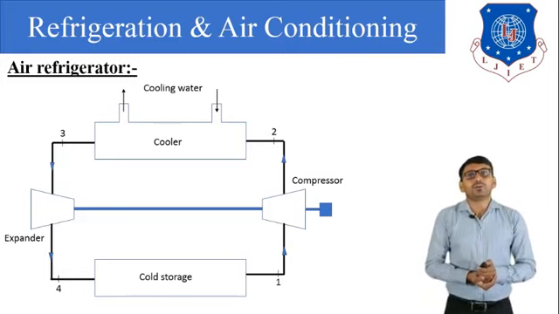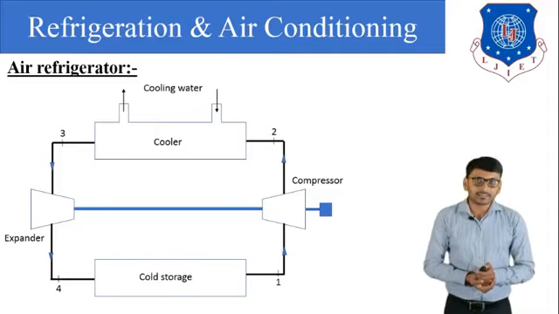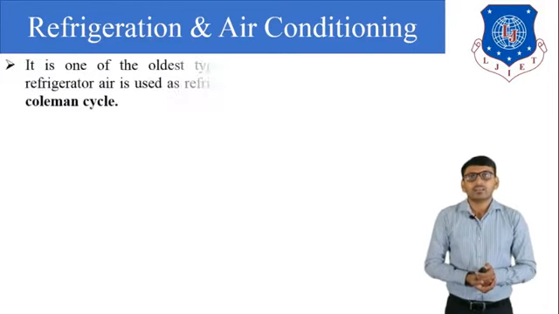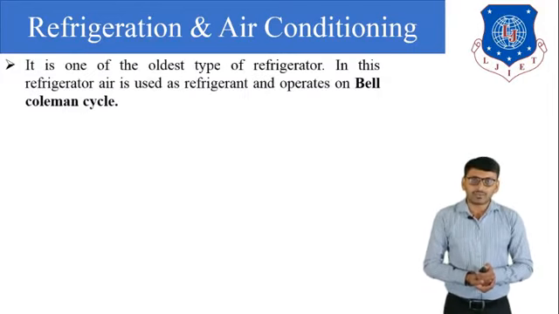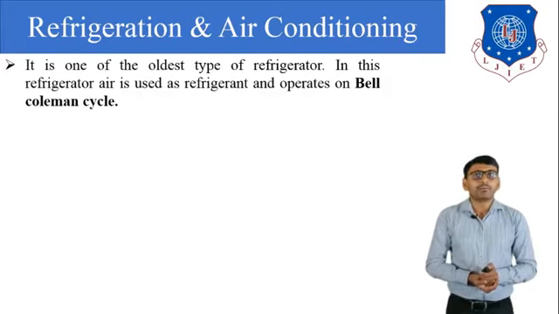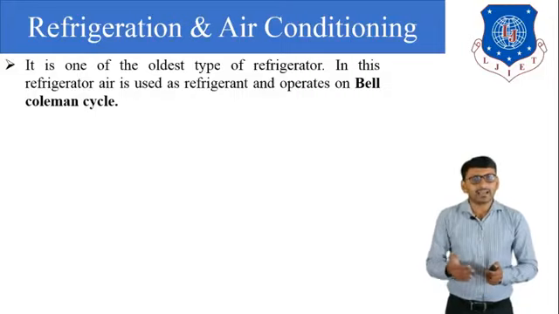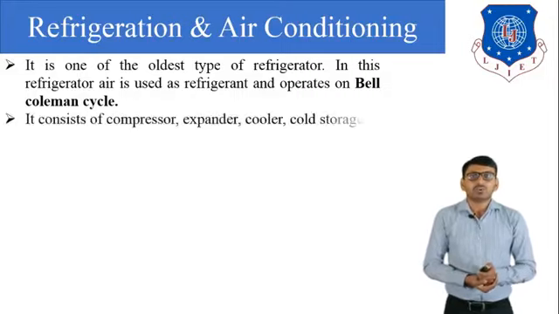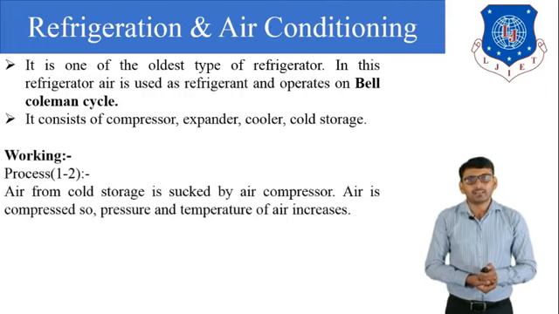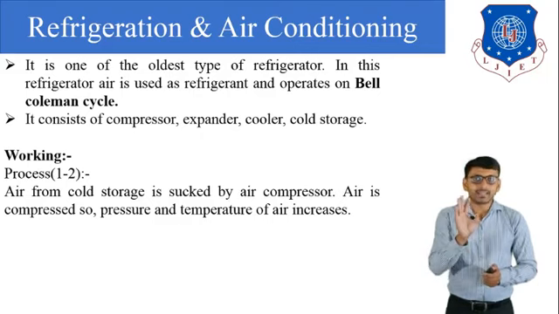So there are mainly four components of the air refrigerator: compressor, cooler, expander, and cold storage. It is one of the oldest refrigerators, air is used as the refrigerant, and it works on the Bell-Coleman cycle as I explained in the diagram. Now the working: in process 1 to 2, air from cold storage is transferred into the air compressor which compresses air, so pressure and temperature increase.